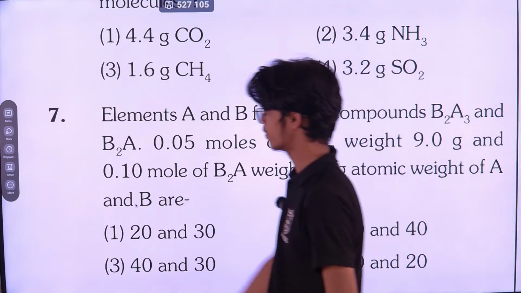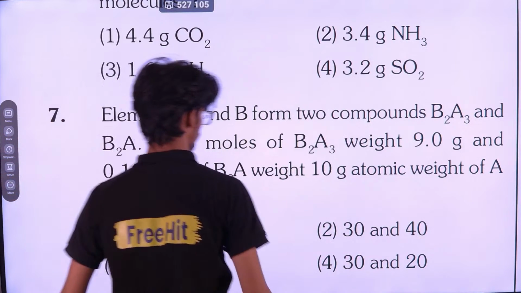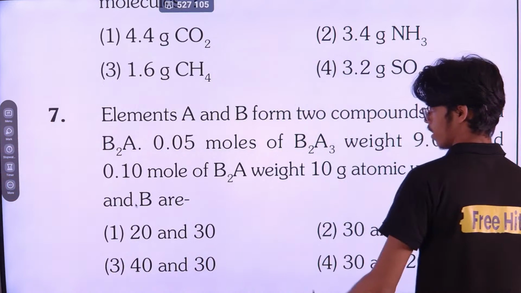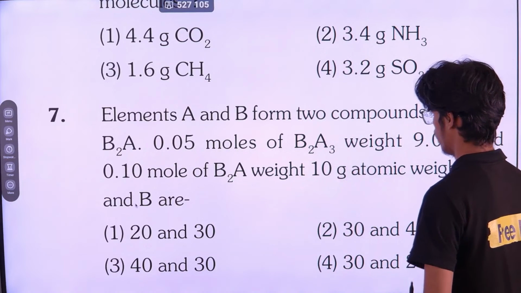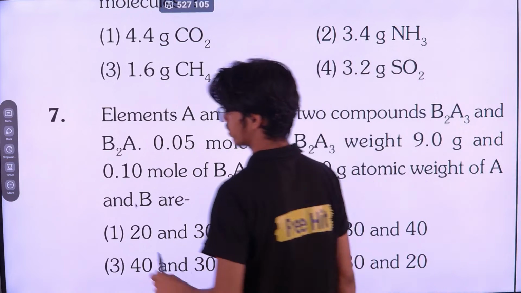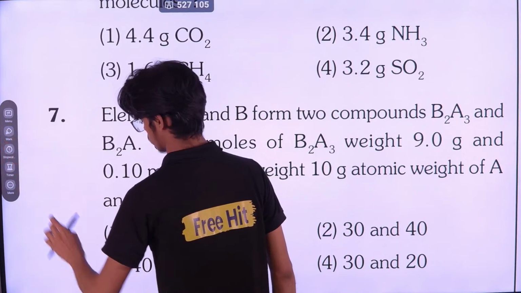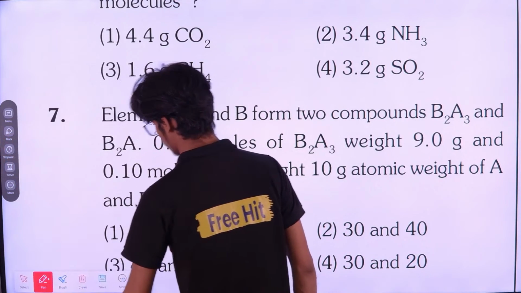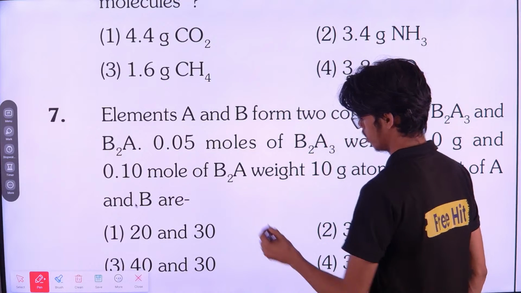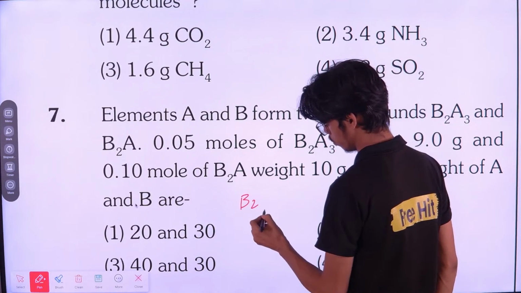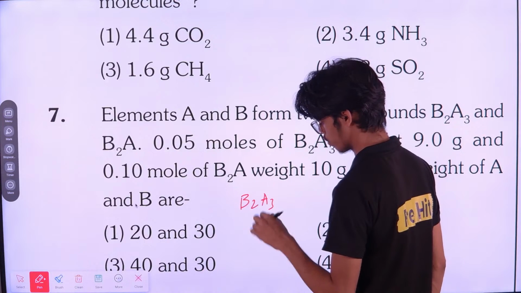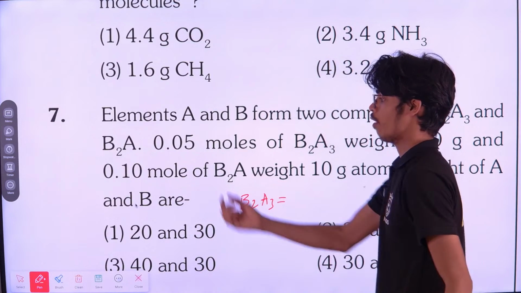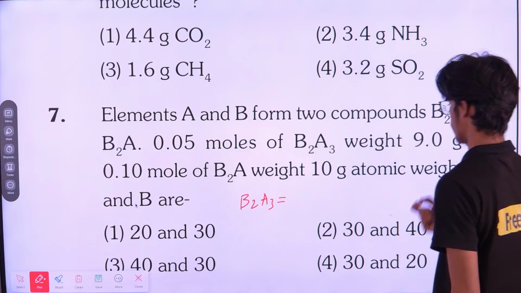Now, let's start. First of all, we have to understand: 0.05 moles of B2A3 is 9 gram. It means what is the molecular mass of B2A3? B2 means two particles of B and A3 means three particles of A. 0.05 moles are weighing 9 grams.